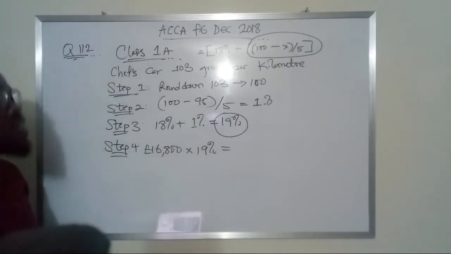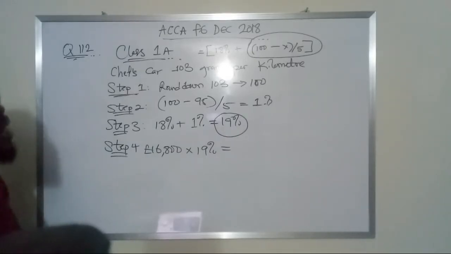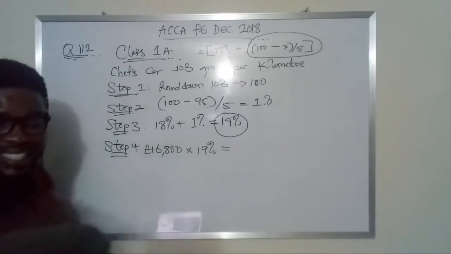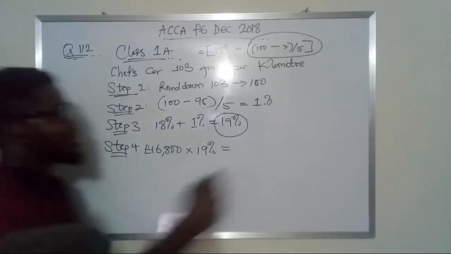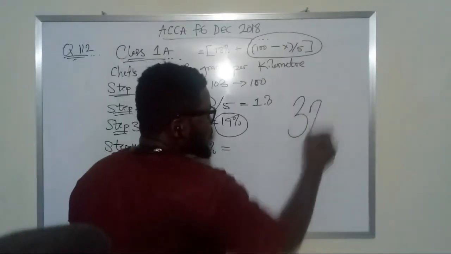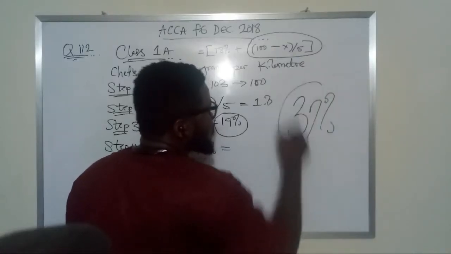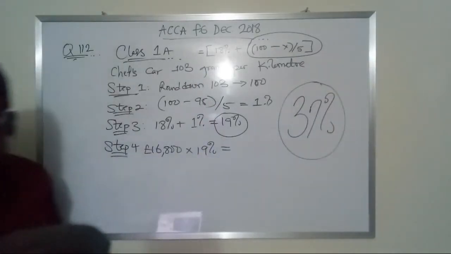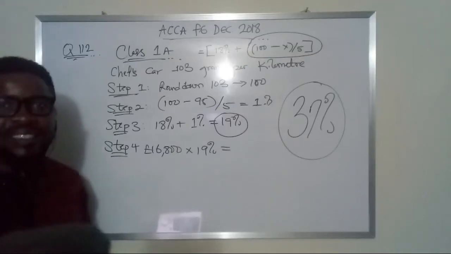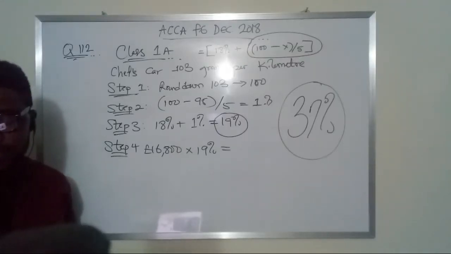But note, even if the car is 1,000 grams per kilometer, you cannot exceed this percentage. You can't exceed 37%. That is the max you can go.